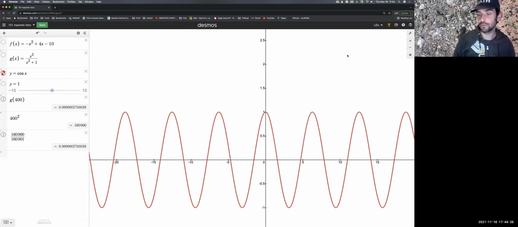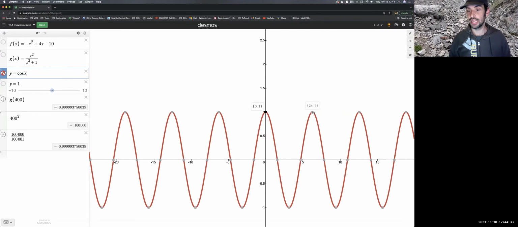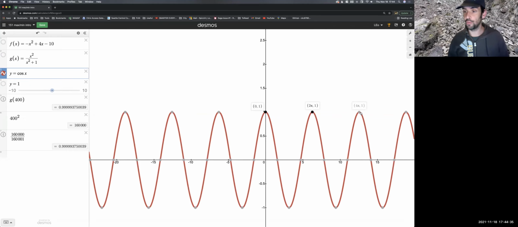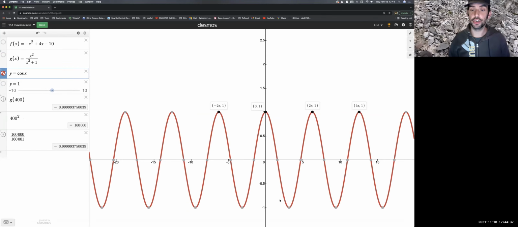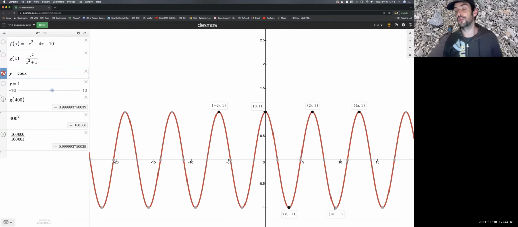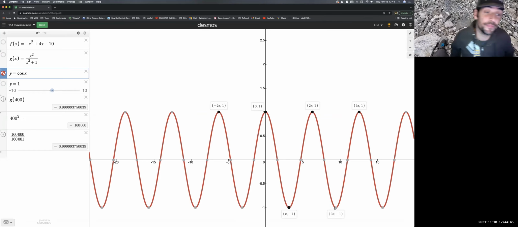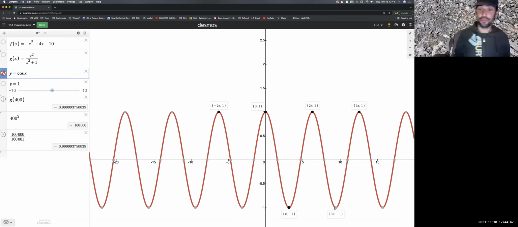Let's look at y equals cosine of x, right? It hits the value 1 over and over and over again. It hits the value -1 over and over and over again. We know it never gets bigger than 1, and we know it never gets smaller than -1. So what's the absolute max?